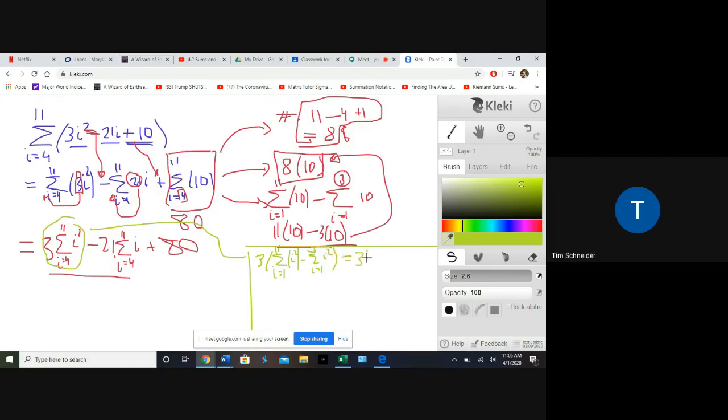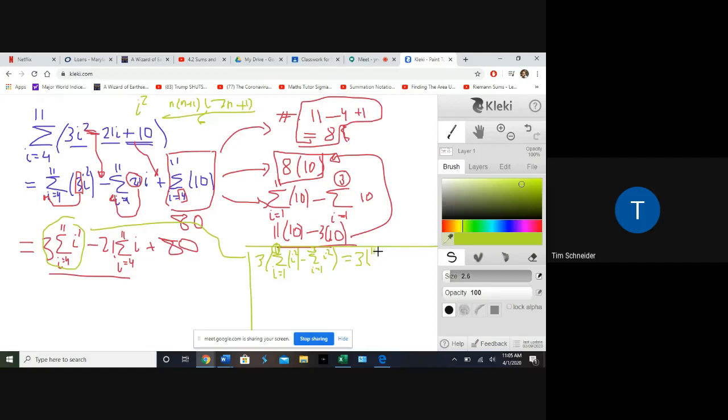That's equal to 3 times, and do you remember the i squared rule? For i squared, you have n times n plus 1 times 2n plus 1, that's the weird one, all over 6. Okay, so we have, in this case, n is 11.